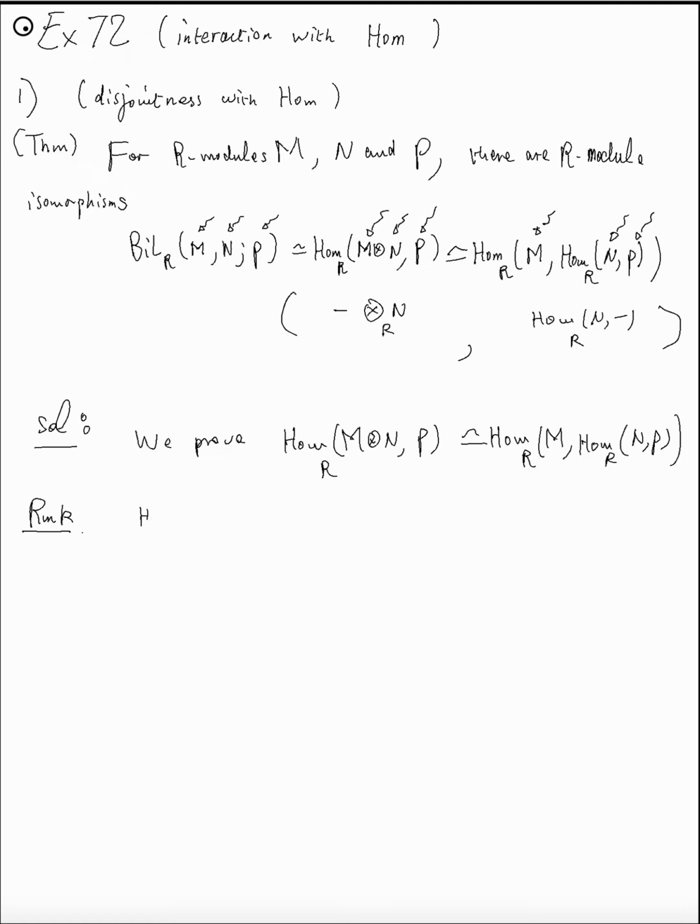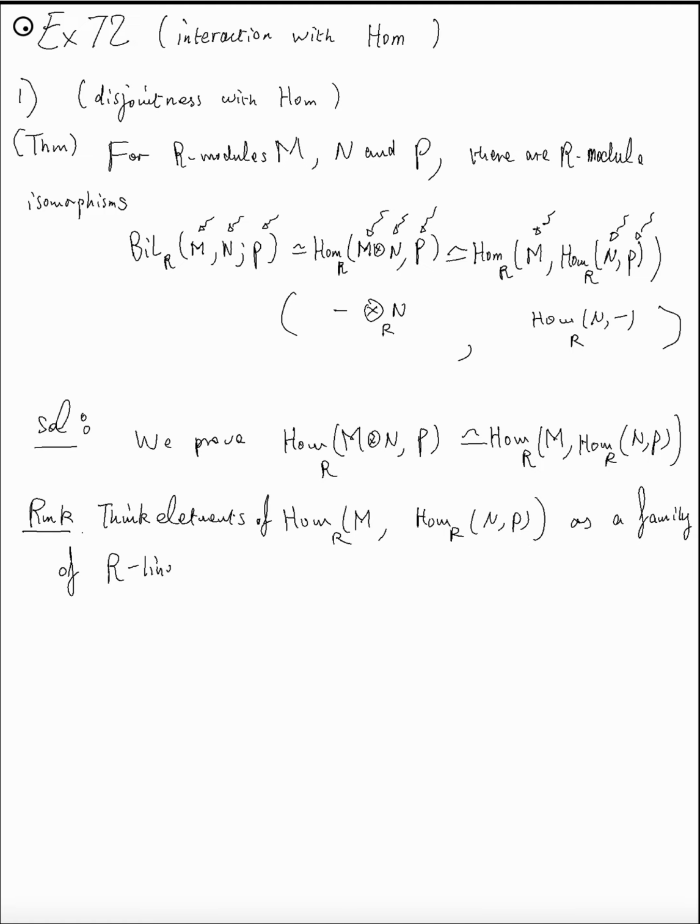Remark: think about Hom, think about elements of it, as a family of R-linear maps from N to P, indexed by M, which means you first give me an index m in M, and then through this I give you an R-linear map f_m.